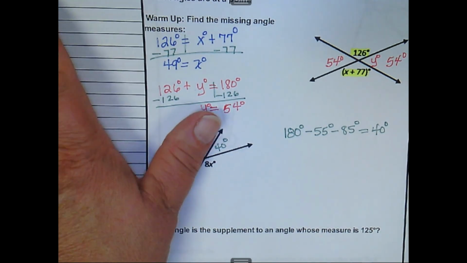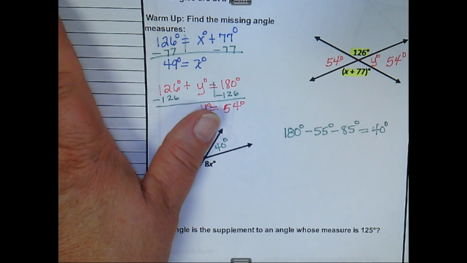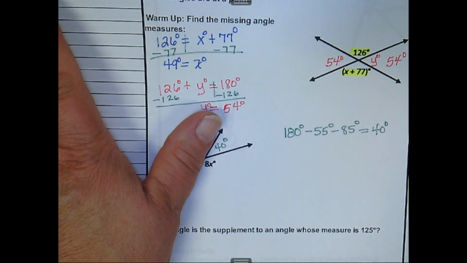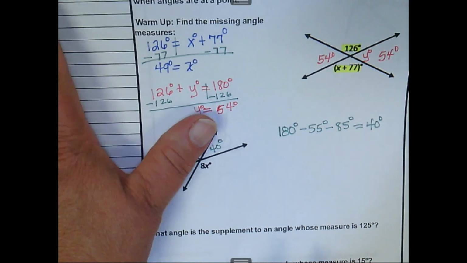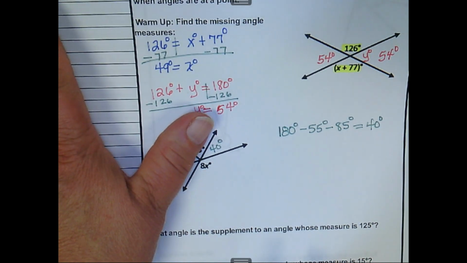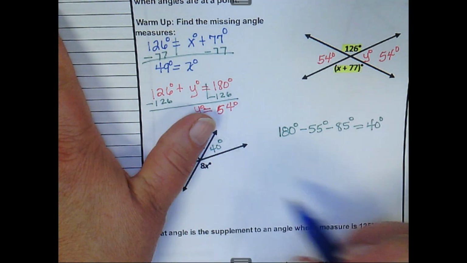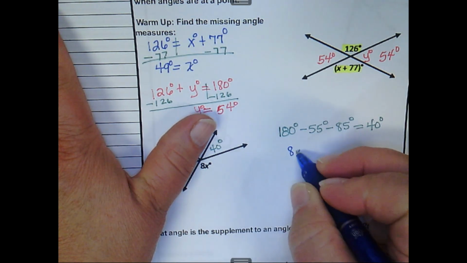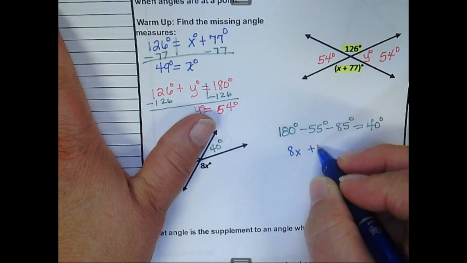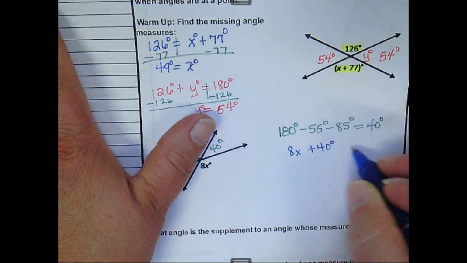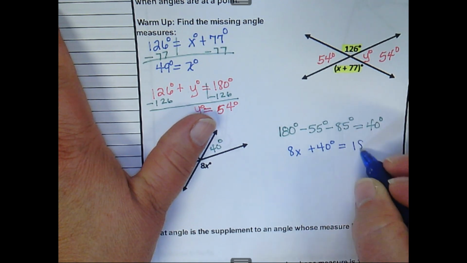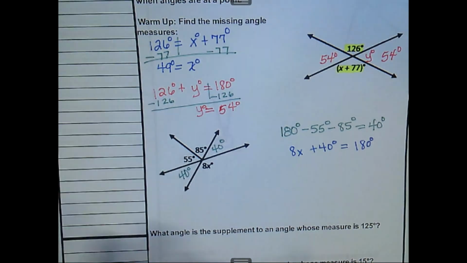Okay, if I cover this up, I see that it makes a straight line. These two together create a straight line. I know how many degrees are in a straight line. I know that 8x plus 40 degrees will give me 180 degrees.